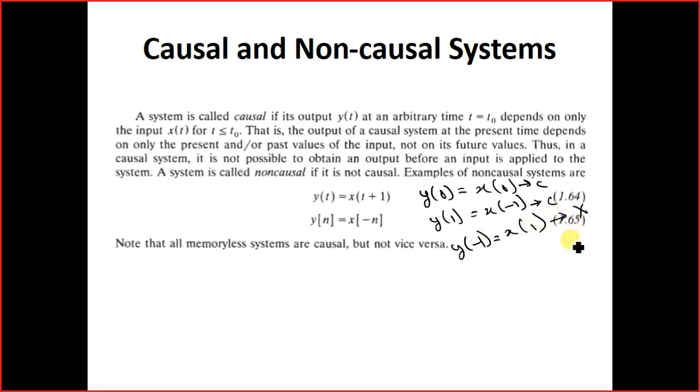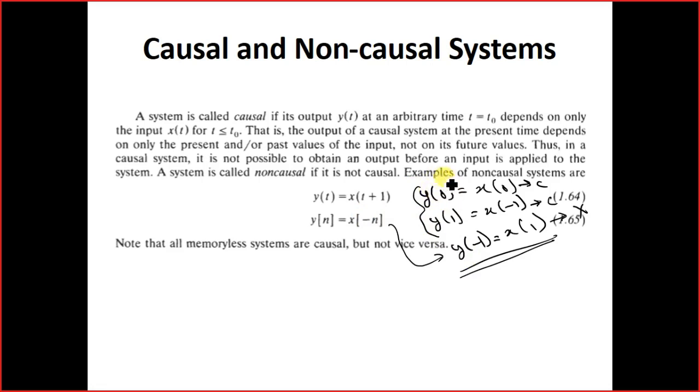Now here there is a problem, right? Since it is non-causal when the time indices are negative, even though it is causal at the zeroth time instance and at positive time instances, this system is a non-causal system.